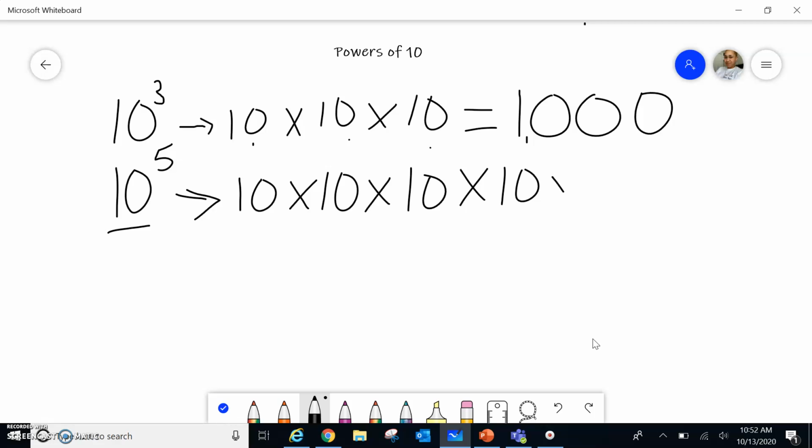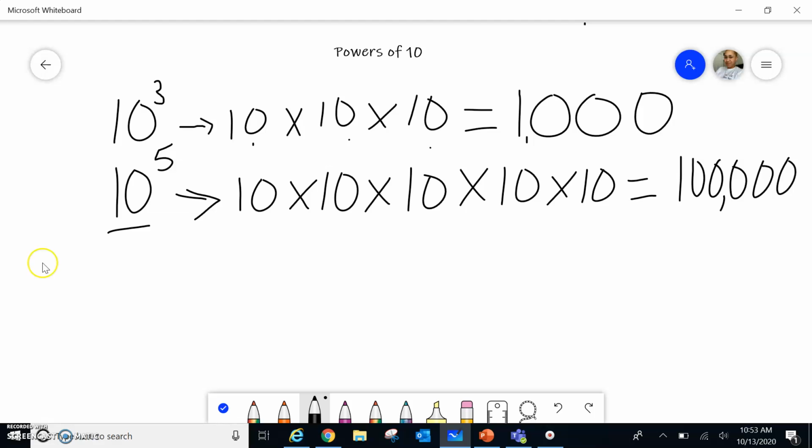Alright, and then I would put my 1 down, and then I would do 1, 2, 3, 4, 5 zeros. So that's how many is going to go in my answer. Which means 10 to the 5th power equals 100,000.